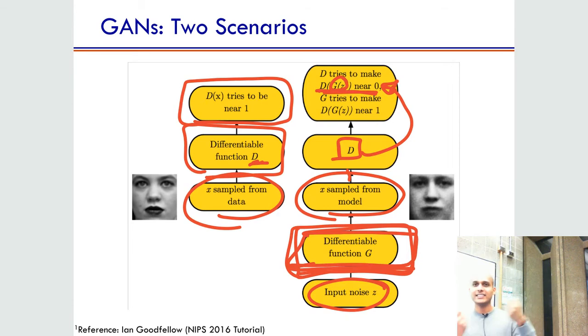So that's the trade-off, or the conflict, here. D wants to make the training data evaluations 1, and everything else 0. Everything else close to 0 just means that if some image was generated by G, for example, then D wants to make it 0. Whereas G itself will try to set its parameters such that it makes D evaluate to 1 instead of 0. Okay, that's the conflict.